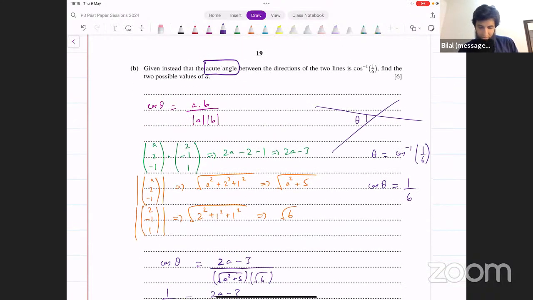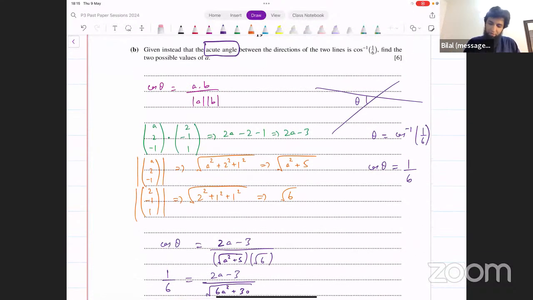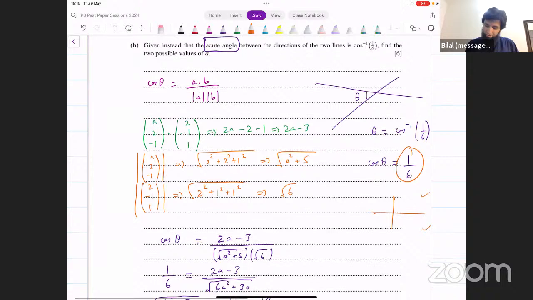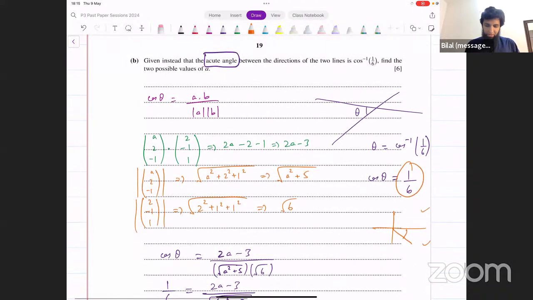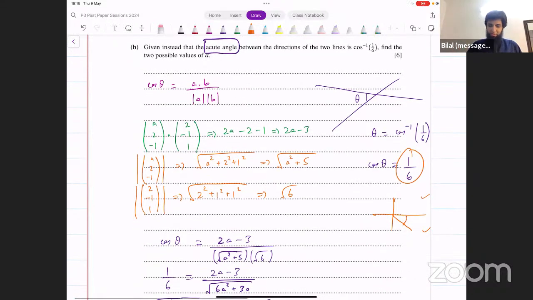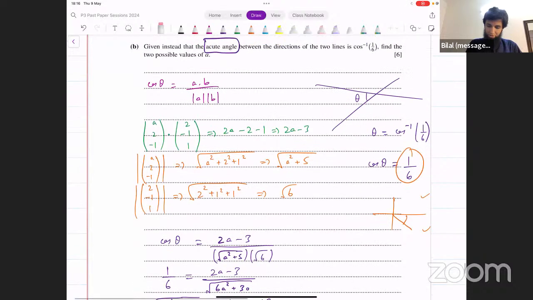If the angle is not acute, what's the other possibility? Where else would you get 1 over 6? It would be cos is positive, it's either here or here. If it's negative, that's also going to give you 1 over 6. We needed the two possible values of A. Okay, I'm just thinking, what's the use of this acute angle? Because this is 2A minus 3, and that's a positive dot product.